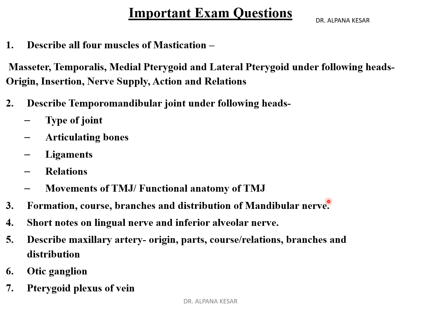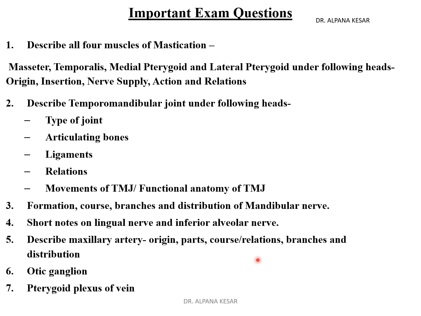Next, very important question asked is formation, course, branches and distribution of mandibular nerve. Mandibular nerve may be asked as a complete question or any of its part may be asked as a small question or short note. For example, short notes on lingual nerve and inferior alveolar nerves.